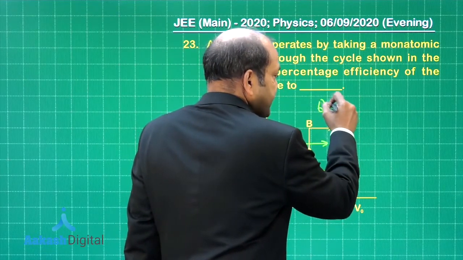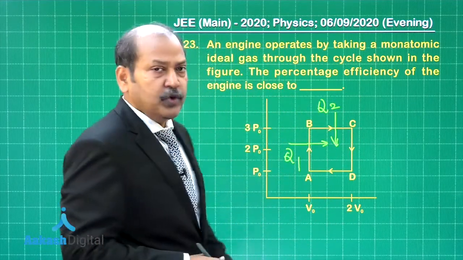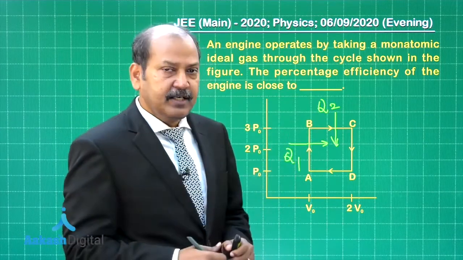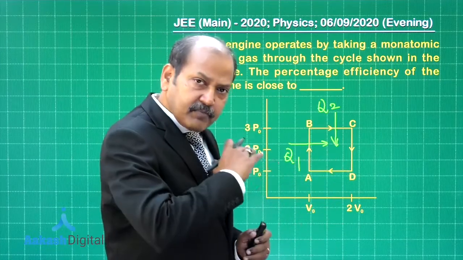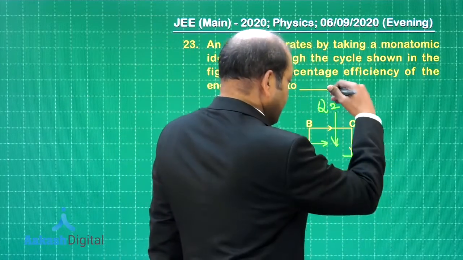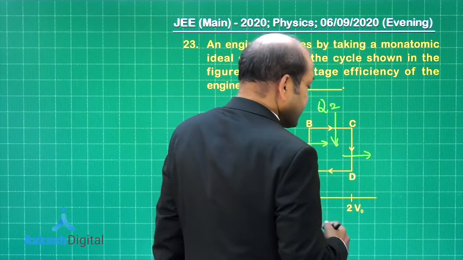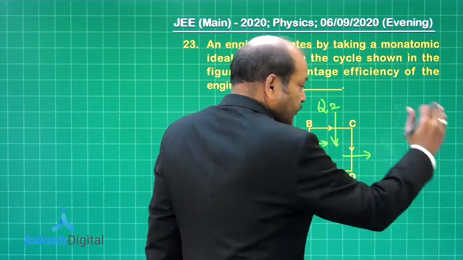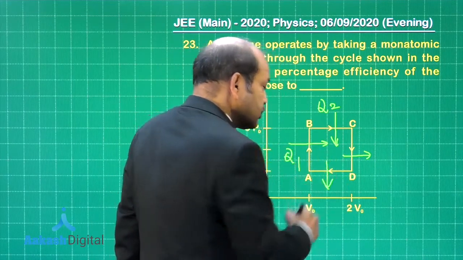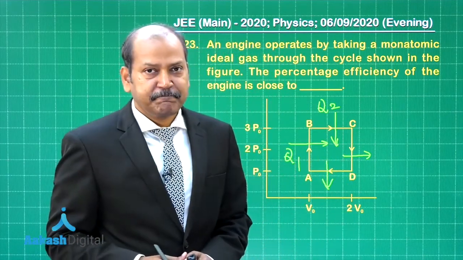So the system is taking Q1 and Q2 amounts of heat in processes AB and BC. In process CD, the system will be releasing some amount of heat because it's an isochoric process in which the pressure is decreasing. Further in the process DA, some amount of heat is again going out.